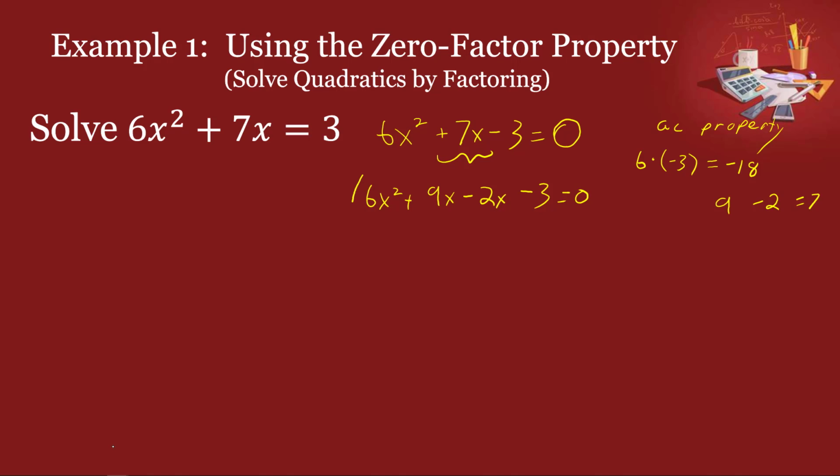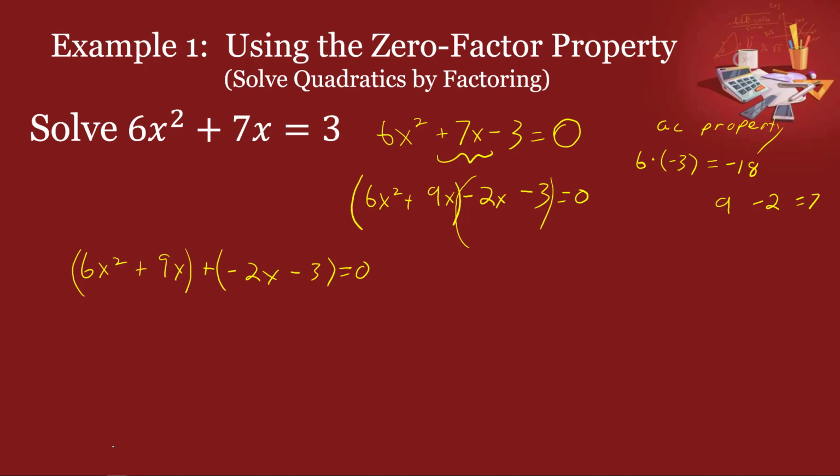We can group these 2 terms together, and then we can group these 2 terms together, so then minus 2x and the minus 3. And once we do that, we will have 6x squared plus 9x, that's group 1, plus negative 2x minus 3. And that will be equal to 0.